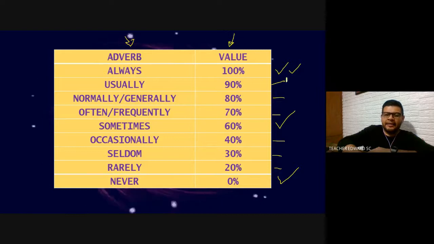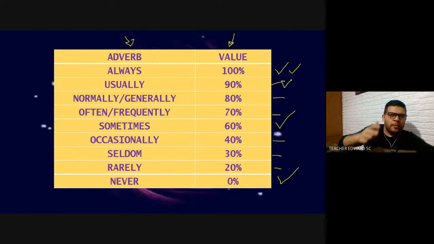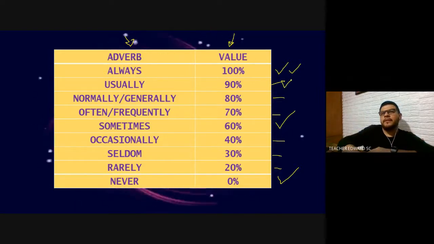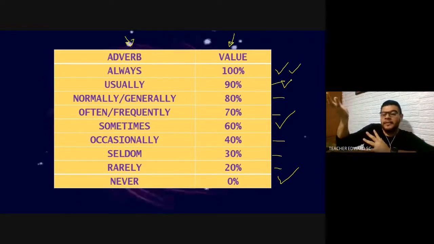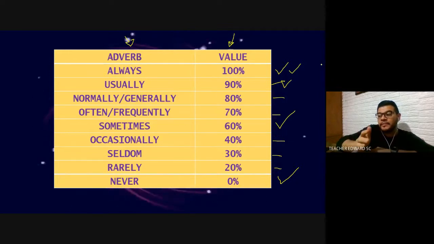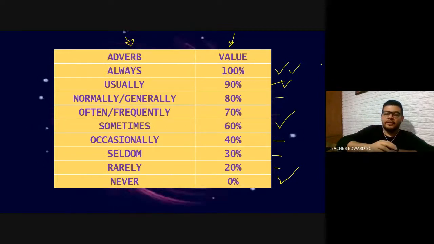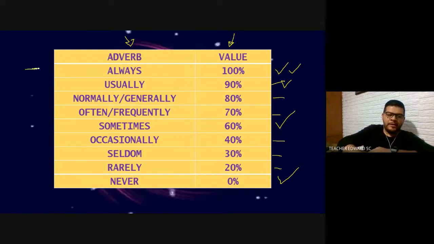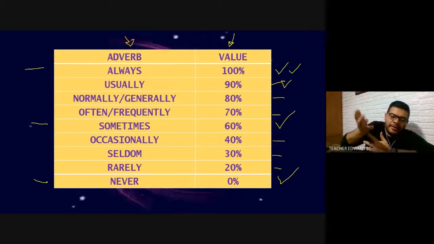And usually could be work. You usually work, because on Saturdays and Sundays, maybe you don't work, or maybe yes. But you have to decide, depending on the activity, what is the frequency of the action that you do, considering that always is 100, sometimes a 60, and never is a 0.